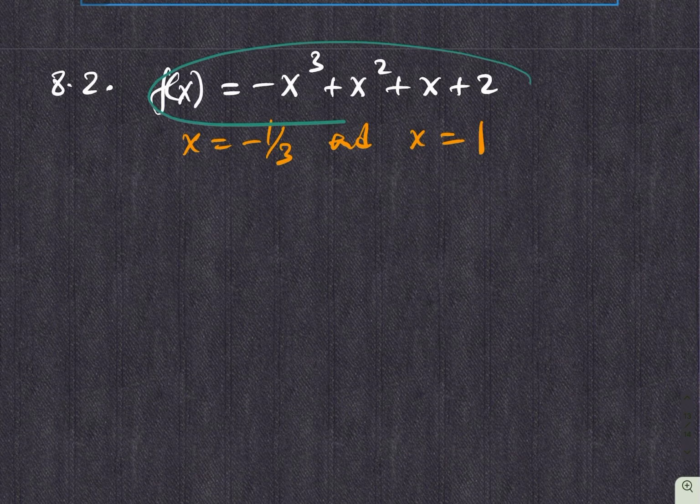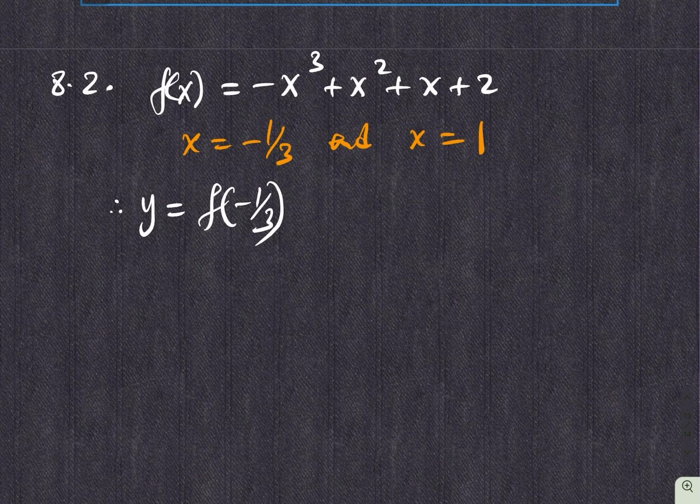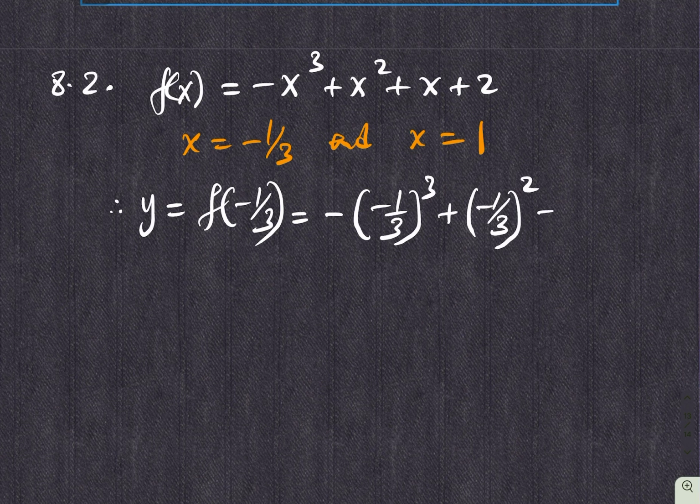Even if you want to find them, you still are going to get them, but it's 3 marks, so it's not worth that stuff. So the corresponding y value will be f of -1/3. That is going to be negative of (-1/3) cubed plus (-1/3) squared plus x, which is -1/3, and then plus 2.